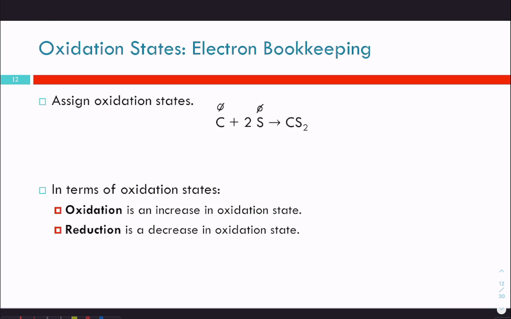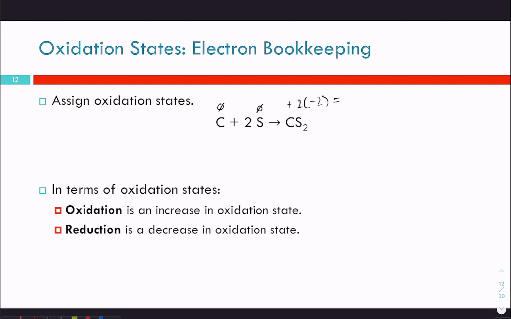But after fluorine, hydrogen, and oxygen on that list, then we just move right to left from group 7A to 6A to 5A. So 6A is sulfur, so same as oxygen, has a -2 oxidation state.